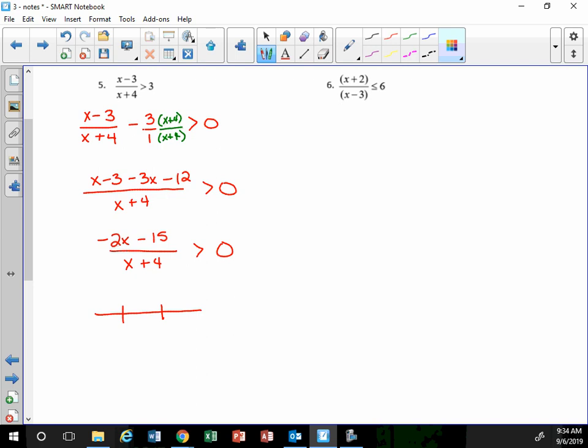And what's the other one going to be? Is everybody okay with how it's negative 15 over 2? You're setting that equal to 0, thinking about it. We're okay with that. So that would go over here, negative 15 over 2, and then negative 4.